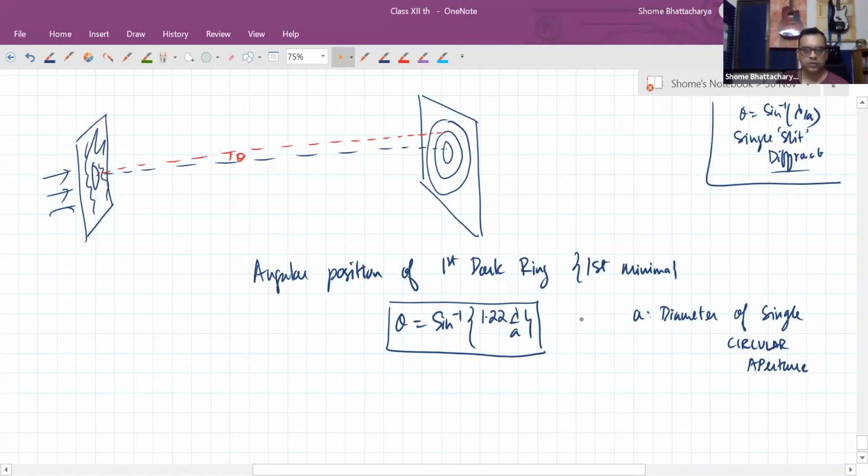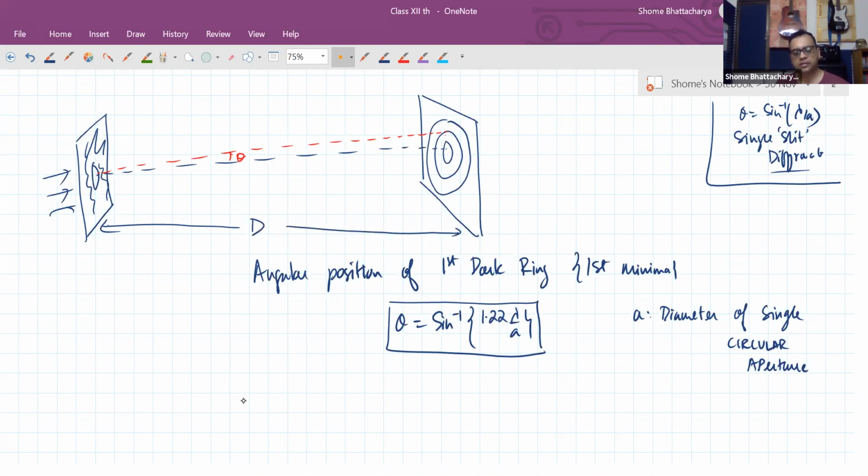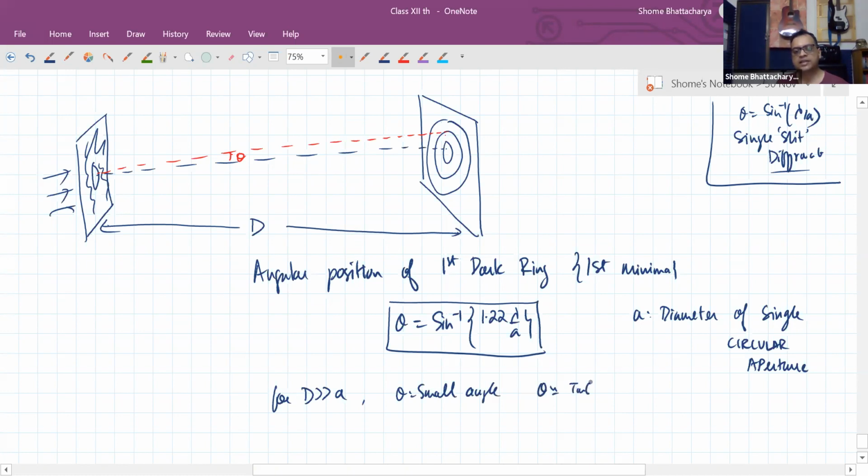Okay. So of course that also means that if this distance between the two screens, capital D, is very large compared to E, then we can take, for D very large compared to small a, theta as a small angle. So theta can be approximately taken as tan theta.